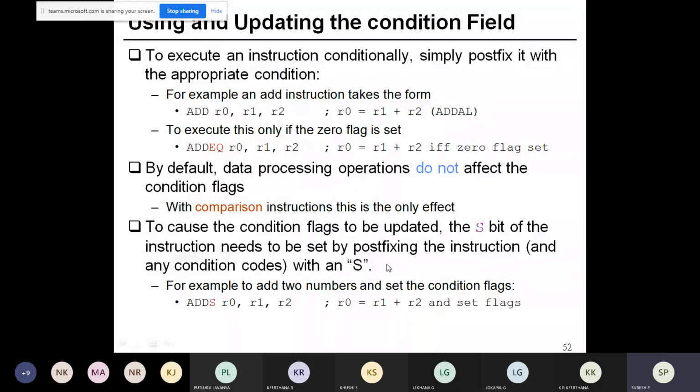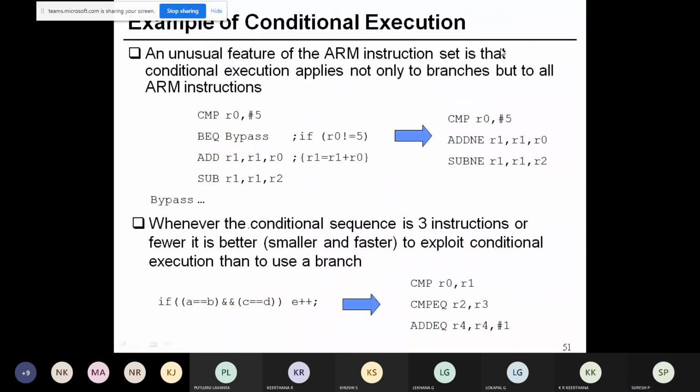Now again it is R2 and R3, which hold the values of C and D. If the comparison of C and D is equal, it has to execute E plus plus.